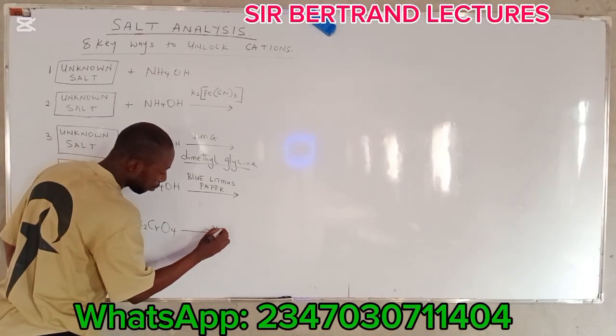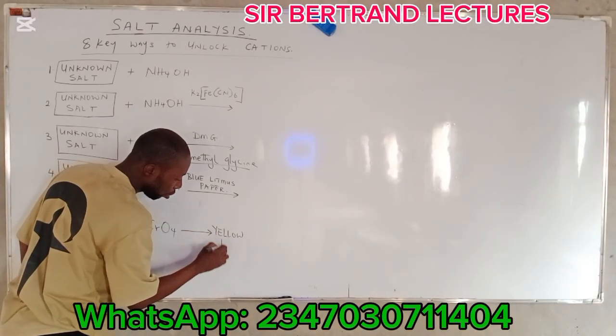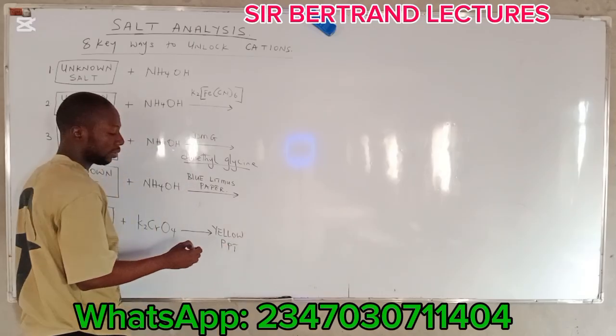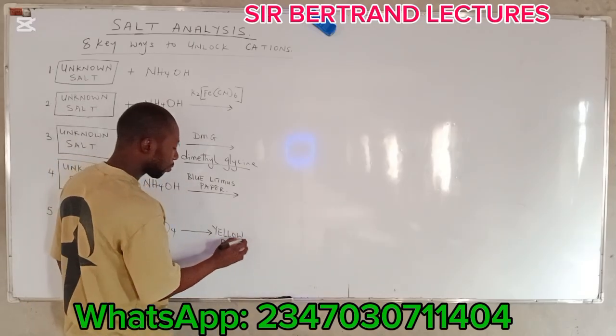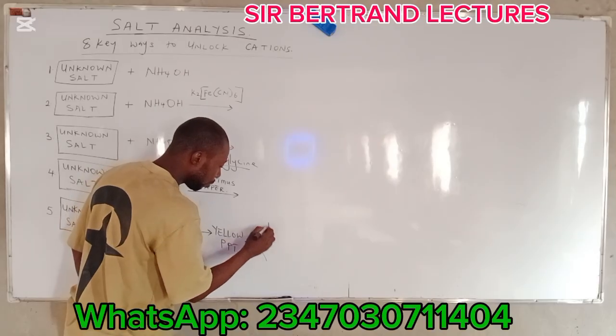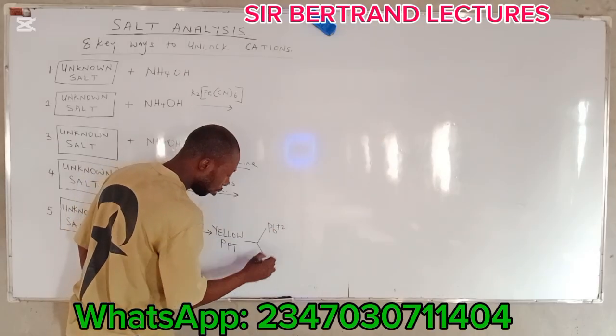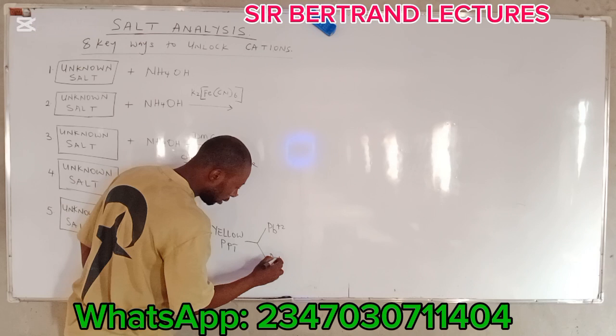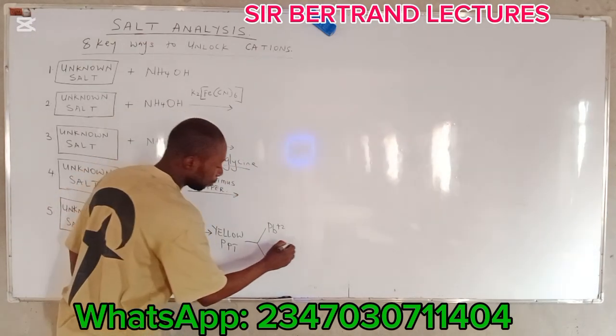It's going to give yellow precipitate. All right? And that indicates the presence of lead ion and barium ion.